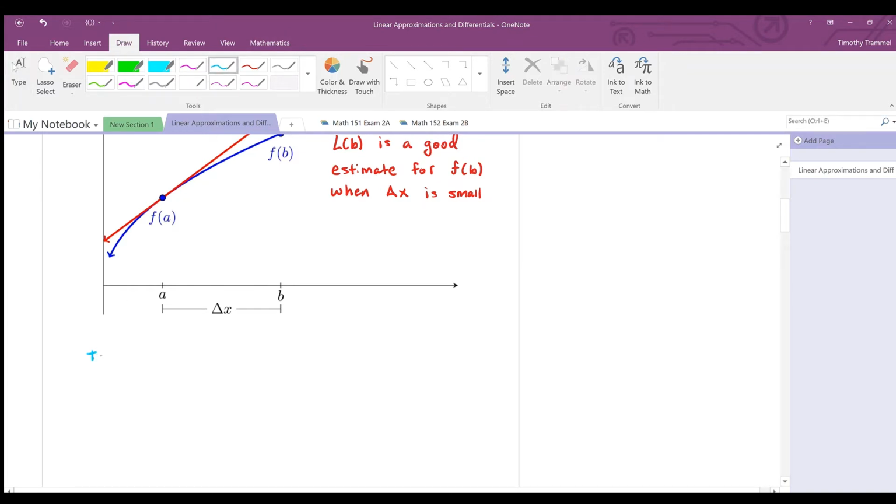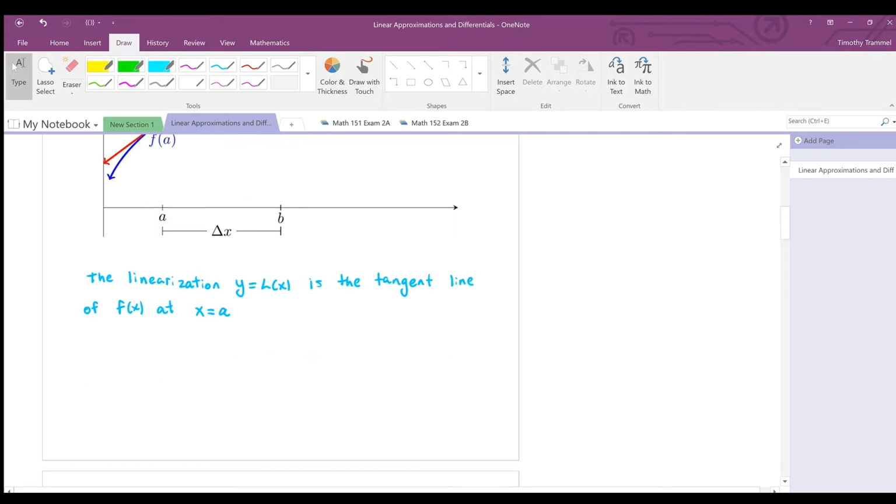The linearization, y equals L of x, is the tangent line of f of x at x equals a.